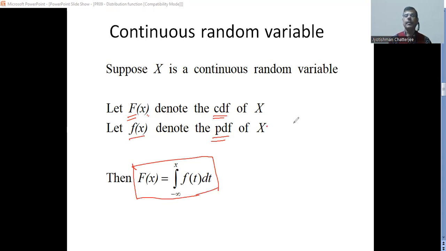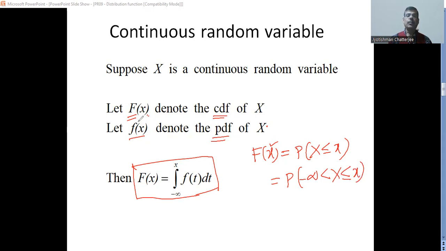Why is it so? Capital F of x for any number small x is equal to the probability of capital X less than or equal to small x by definition. And that is the same as the probability of minus infinity less than capital X less than or equal to small x.